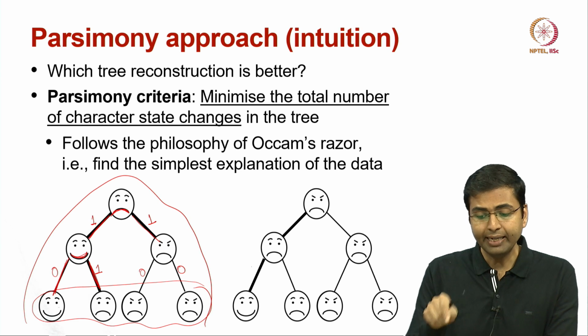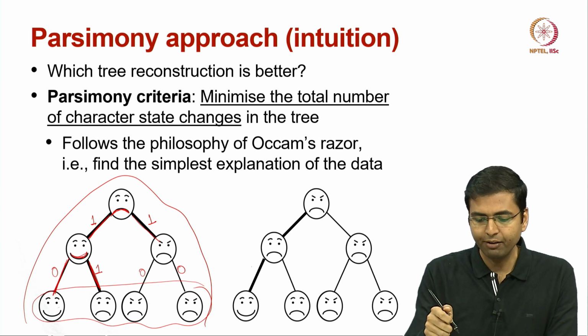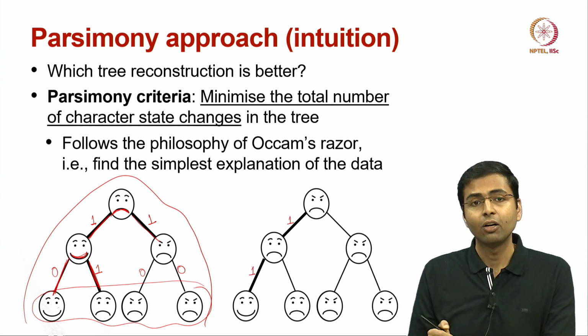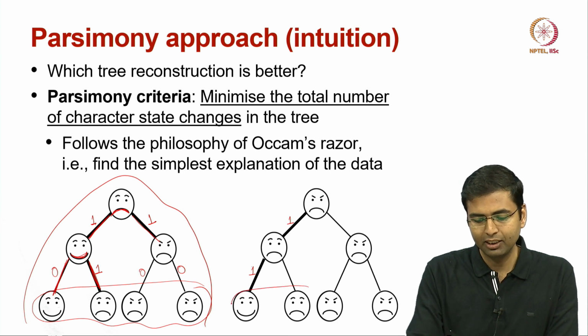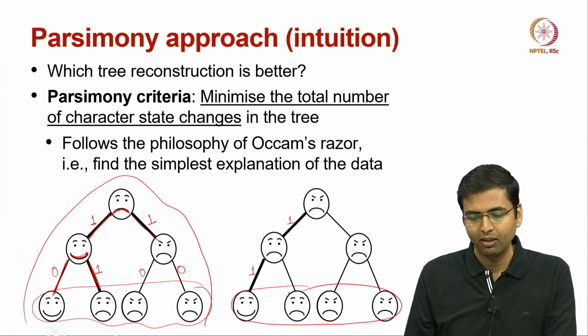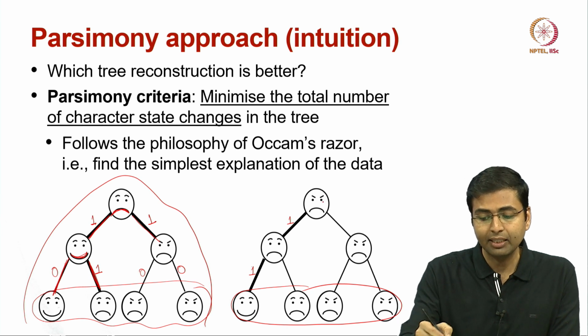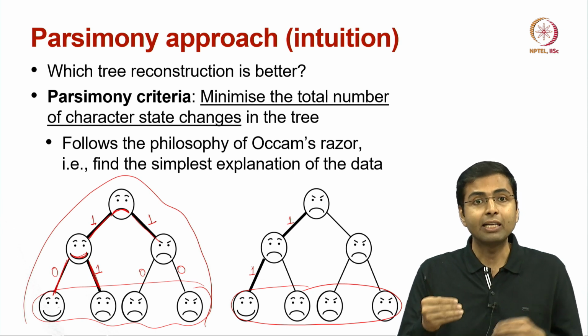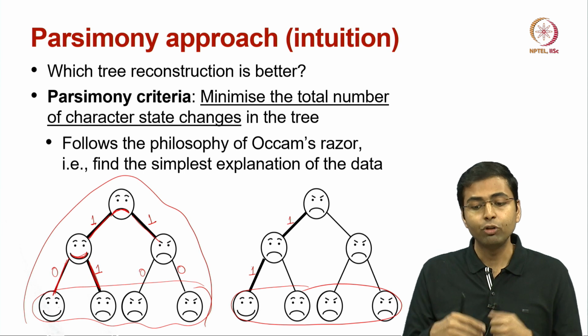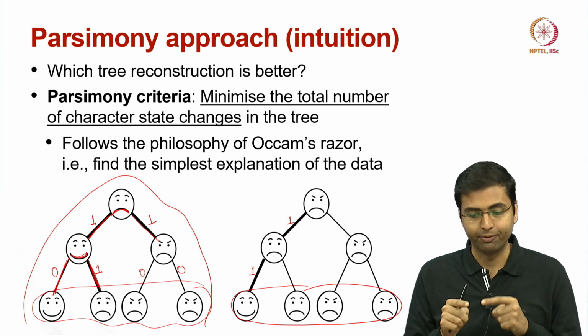However, on the right hand side, if you again repeat the analysis, you would find that over this tree we need only 2 character state changes to explain the observed species. Because this tree requires fewer character state changes, under the parsimony criteria we would say that the right tree is better.